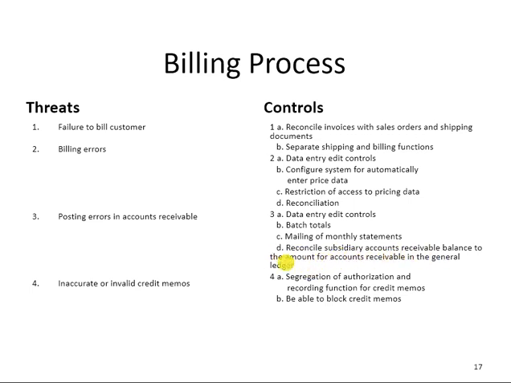But in information systems, these two are automatically linked. The numbers in the subsidiary accounts receivable will be added up automatically to get the accounts receivable number in the general ledger. So it does not apply to the modern accounting information system.